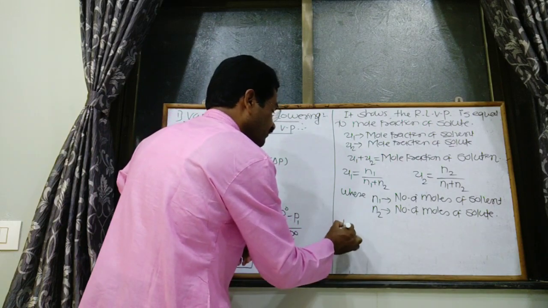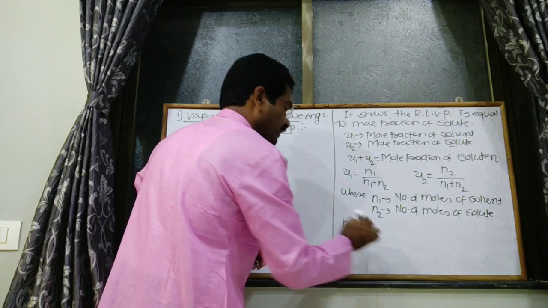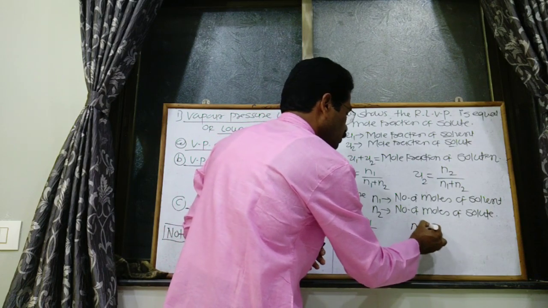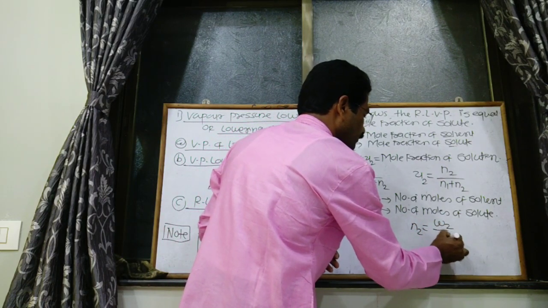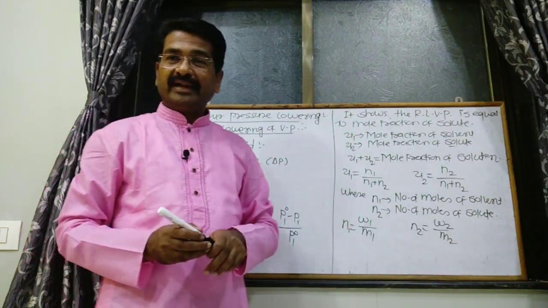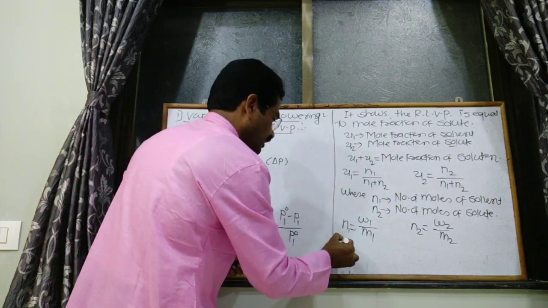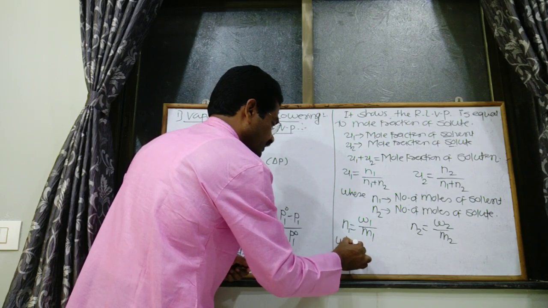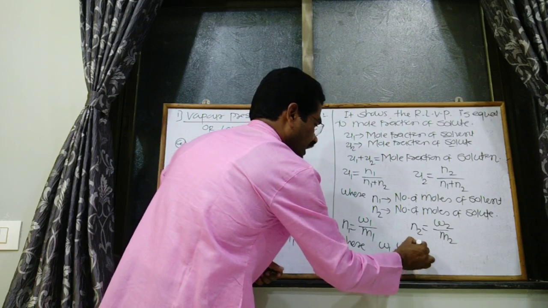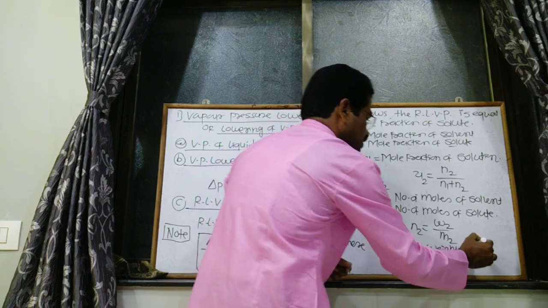For that purpose, N1 is equal to W1 upon M1, and N2 is equal to W2 upon M2, where W1 and W2 are the weights of solvent and solute.